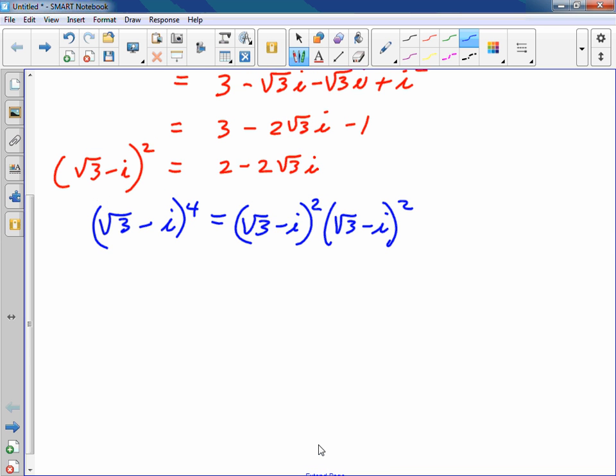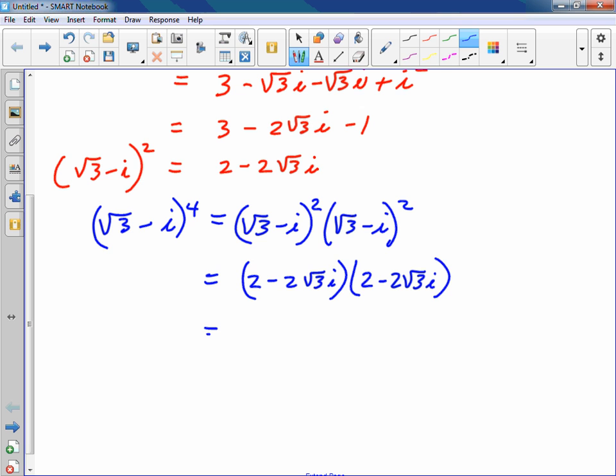So now we can say equals 2 minus 2 times the square root of 3 i squared, times itself, minus 2 times 2 minus 2 times square root of 3 i. So once again, we can FOIL that, and it'll work out okay.